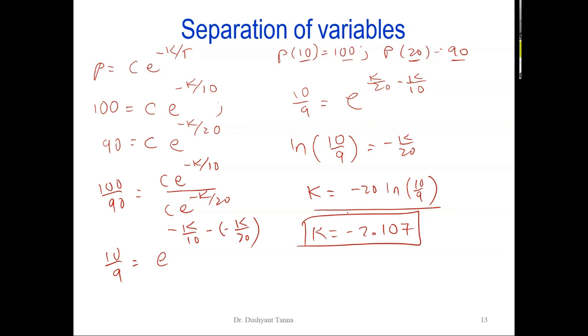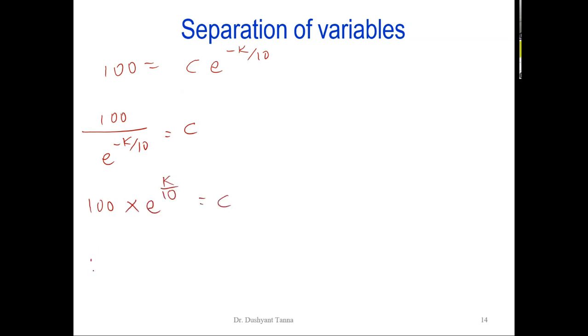Now, I will use this in any of these equations to find the value of C. I'll go with the 100 because that's a bit easier. So 100 is equal to C e raised to minus K over 10. So can I say 100 times e raised to K over 10 is C?